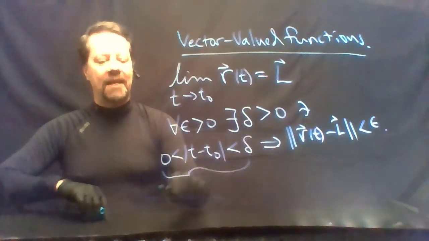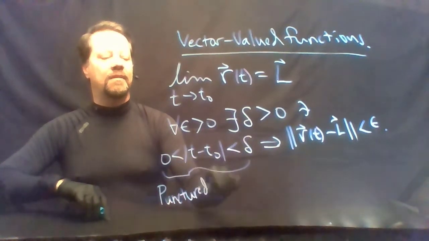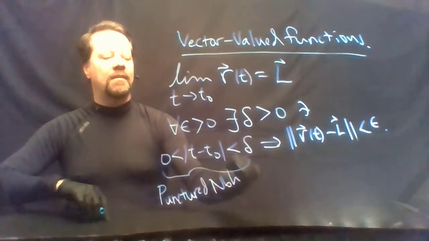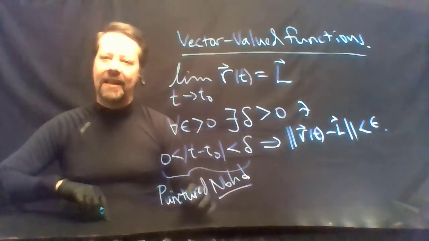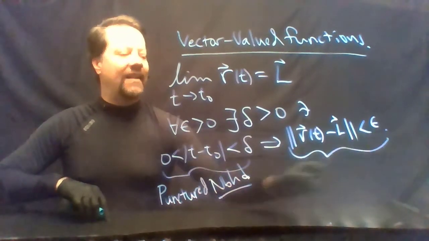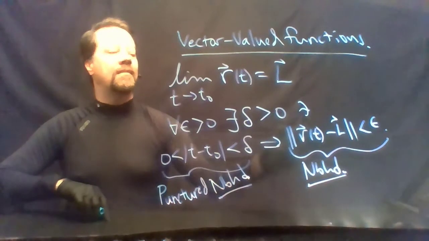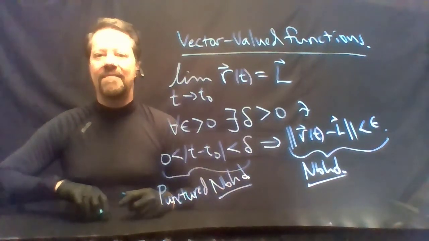Again, you can see a punctured neighborhood. We'll often denote that by NBHD in mathematics. And in the range, we have a neighborhood of the limit value L.